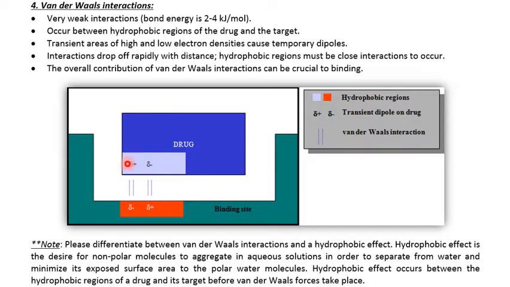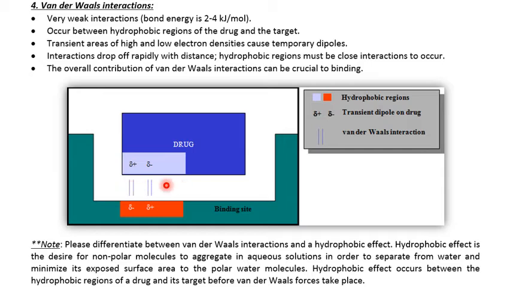These partial positive, partial negative charges will result, and attraction occurs between the hydrophobic regions. As you can imagine, these van der Waals interactions require that the hydrophobic regions be very close to each other, so they depend on the distance. If the distance is large, the van der Waals interactions will not occur.